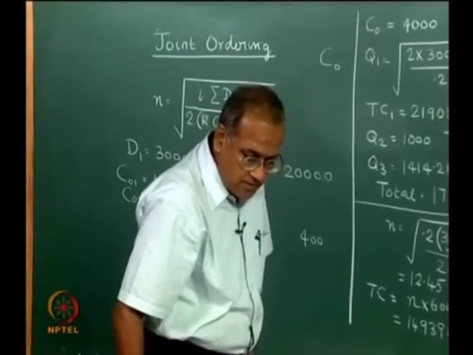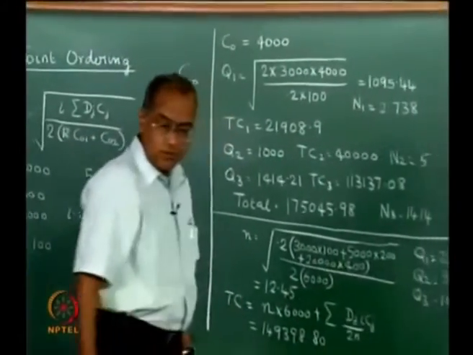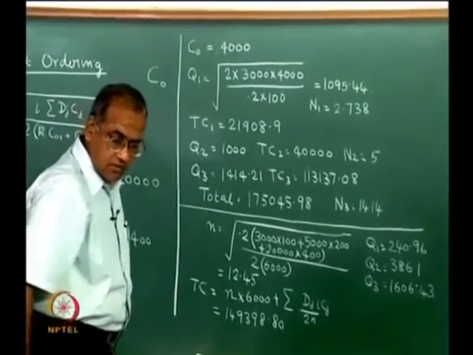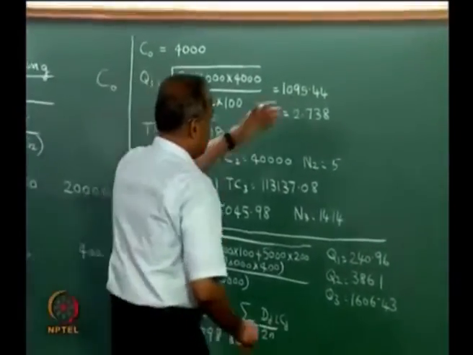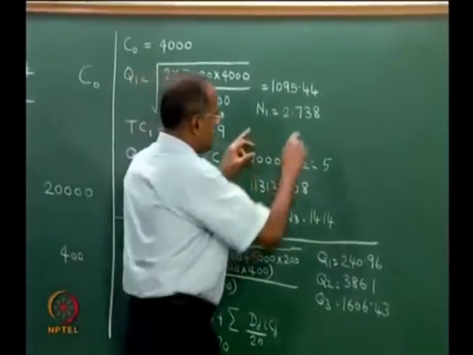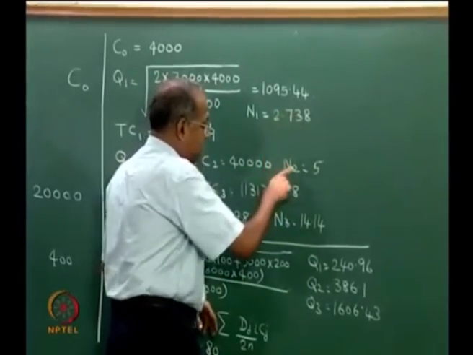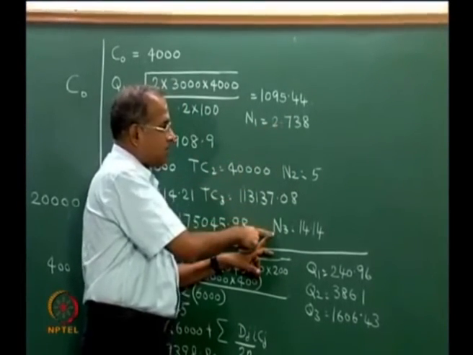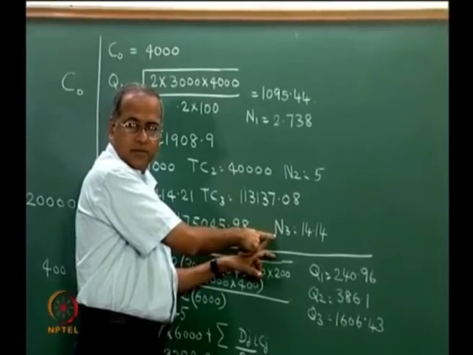Now, instead of using 1:2:5, suppose we look at 1:2:4 instead of looking at 1:2:5. If we say that the number of orders is roughly 1:2:4, 2.7 into 5 is about 13.5.